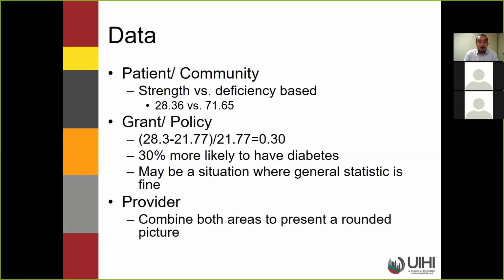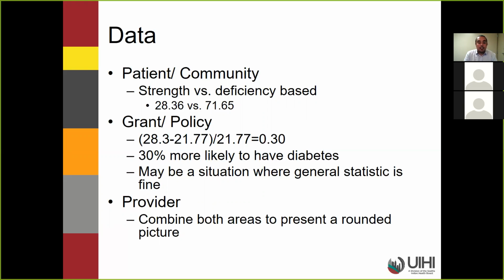When you move into how to interpret this from a patient or community perspective, I think it's really interesting because oftentimes we're faced with this sort of strength or deficiency based conundrum when it comes to preparing and presenting data. This may change as a function of what we're hoping to get across to each of these populations.